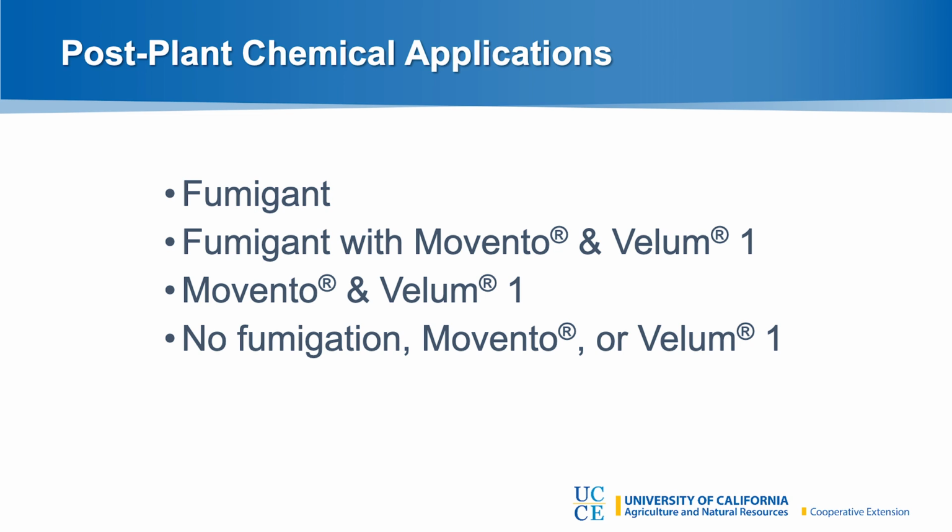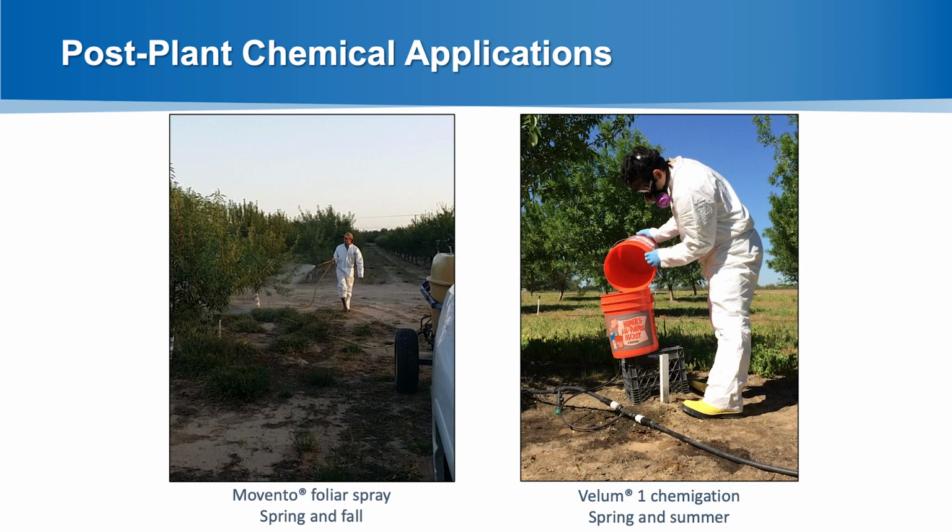So yeah, different plots: fumigant with Movento and Vellum, just the post-plant applications itself, and then no fumigation with the post-plant application. So for those who don't know, Movento is a foliar spray. I think it's being advertised as potentially helping with things, while Vellum 1 is injected into the irrigation. And you wouldn't be doing it like in the photos. This is research, so we need localized effects.